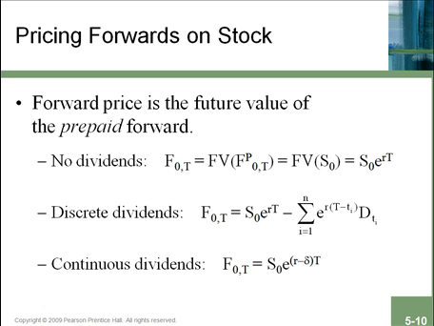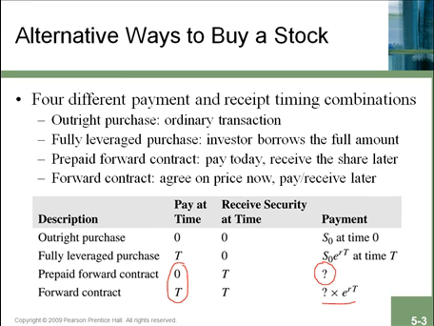Remember from our earlier discussion that there were different ways that we could possibly buy a stock. The only difference between a forward and a prepaid forward is that the timing of the payment is delayed. With a prepaid forward contract, we make our payment today. With a forward contract, we make the payment at expiration, that is in the future at time t. Everything else is the same.